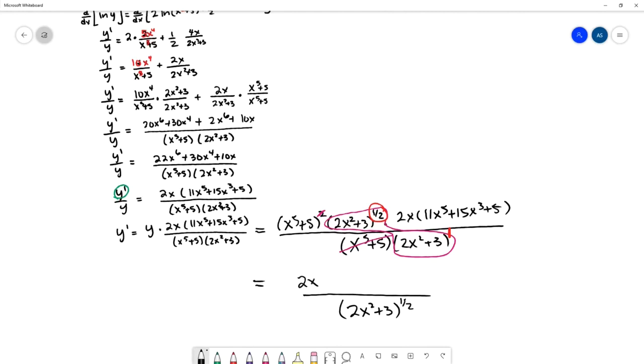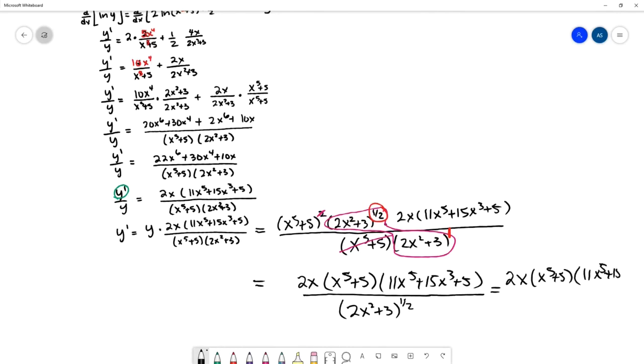In the numerator I have 2x times x to the 5th plus 5 times 11x to the 5th plus 15x cubed plus 5. And the only final thing you could do is to change that fractional power back to the radical form. So we could have 2x times x to the 5th plus 5 times 11x to the 5th plus 15x cubed plus 5 over the square root of 2x squared plus 3.